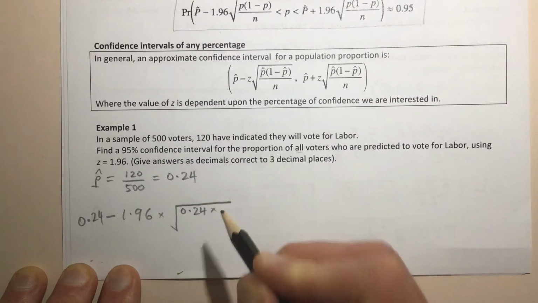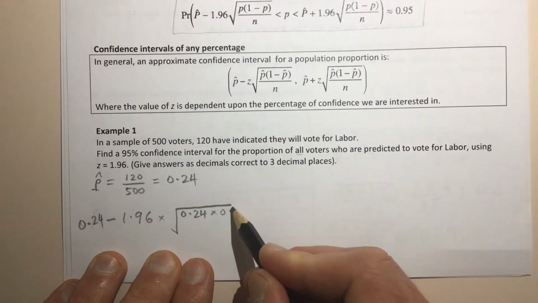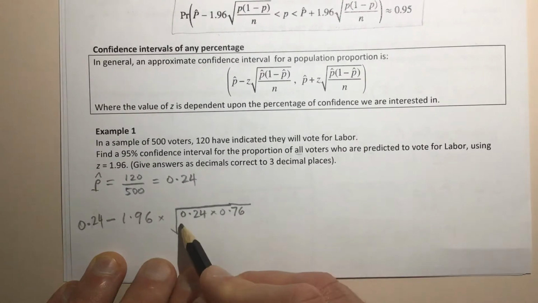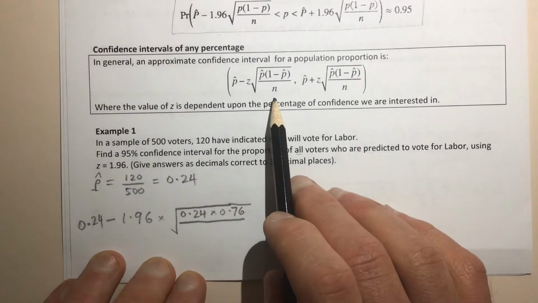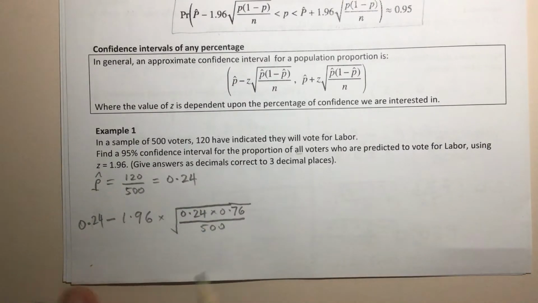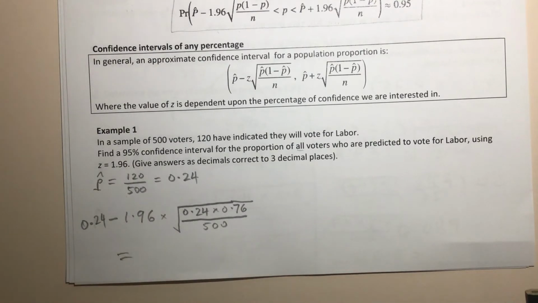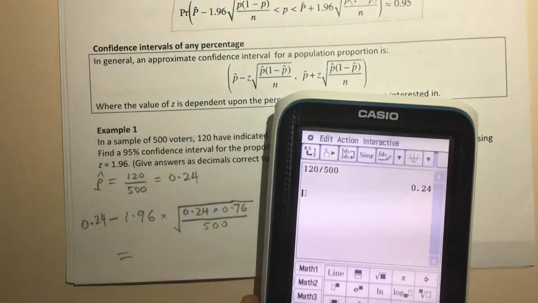0.24 times, and then it's 1 minus 0.24, so that's going to give me 0.76 over n, which is the sample size, and in this case the sample size is 500. Okay, so that's going to give us the lower end of the interval. Now it's absolutely a calculator question, so let's carefully put that into the calculator.